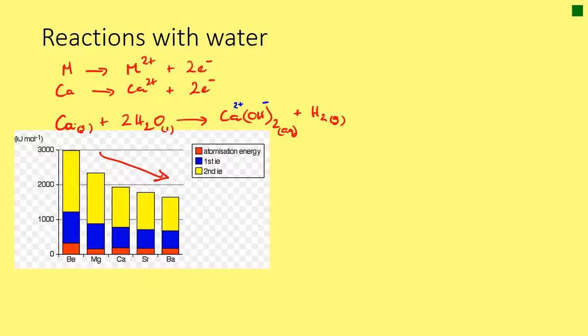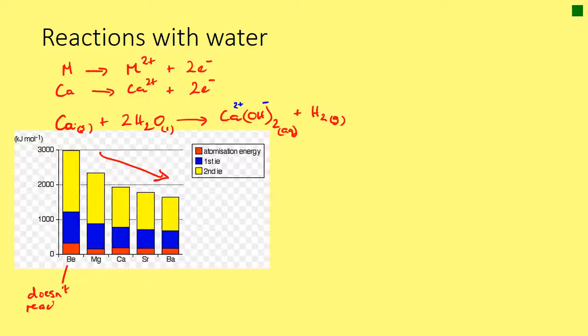And so what that means is the reactivity of barium with water is going to be much faster than the reaction of beryllium with water, because it just takes too much energy to remove beryllium's 2 electrons. That's in effect the activation energy of the reaction. That barrier is too high, and so the reaction doesn't happen. So if you were to dunk some beryllium into some water, you would find that it doesn't react.